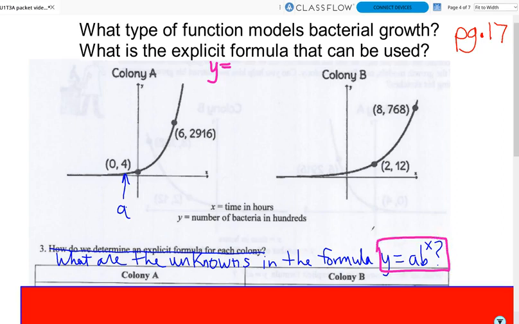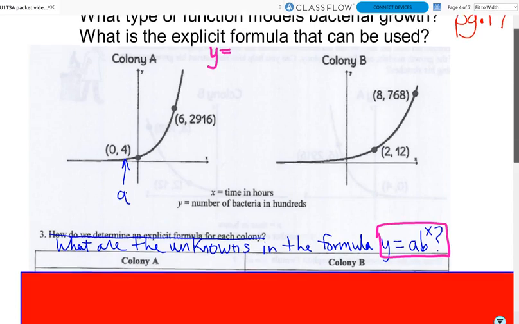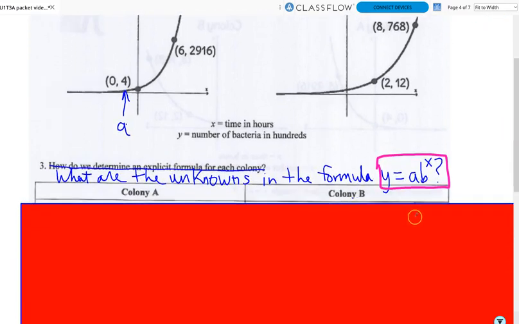That's what we're studying. So our questions regarding colony A and B are, what are the unknowns in the formula? So I'm looking at colony A, that graph, and colony B. And I notice that information from colony A includes the A value, which is the starting value, otherwise known as the y-intercept.